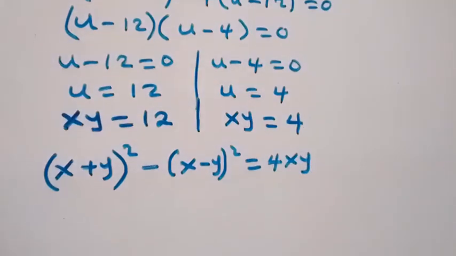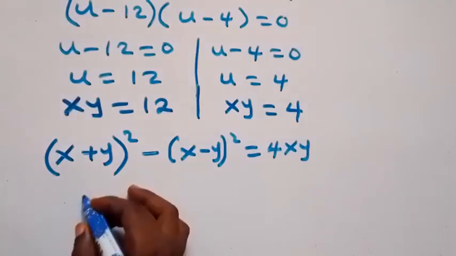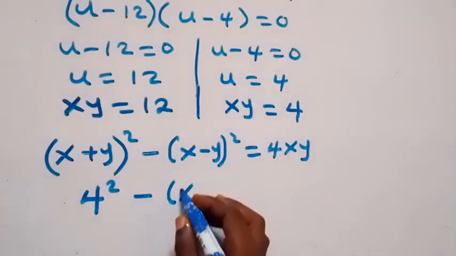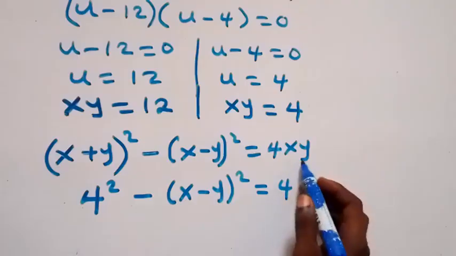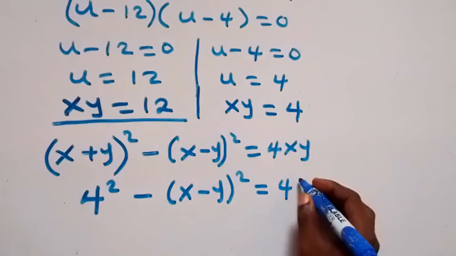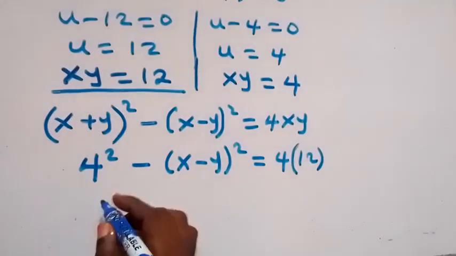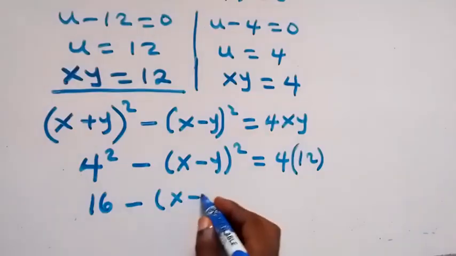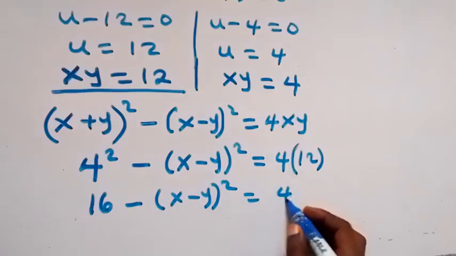So when we substitute x plus y from equation 1, the same thing as 4, this gives us 4 squared minus x minus y squared equals 4 times xy. Now, for this case, which is xy equals 12 first, we have 4 times 12 here. And from here, we have 4 squared, which is 16, minus x minus y squared equals 4 times 12, which gives us 48.